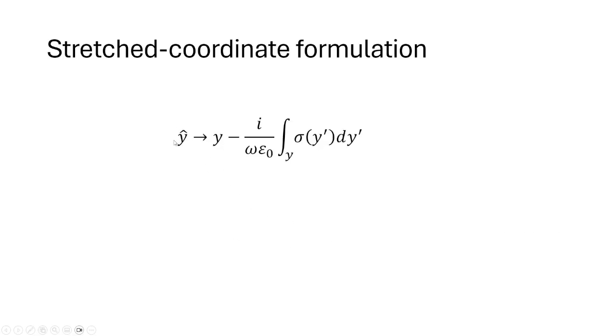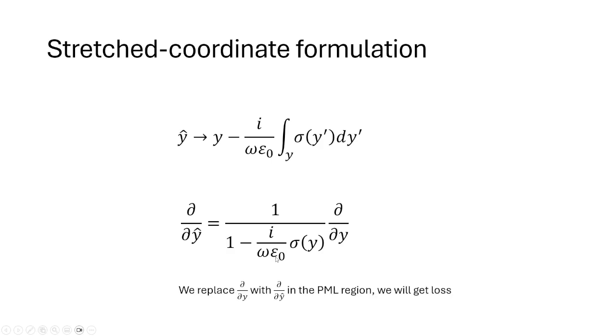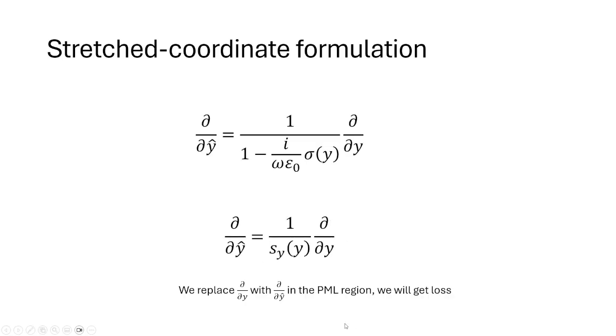Again, we're making this transformation of our coordinate, and that's the stretched coordinate formulation transformation. And that means that the derivative with respect to this y hat is now equal to 1 over this term down here times the derivative with respect to y. So if we replace d by dy with d by dy hat in our PML region, we are guaranteed to get loss in the PML.